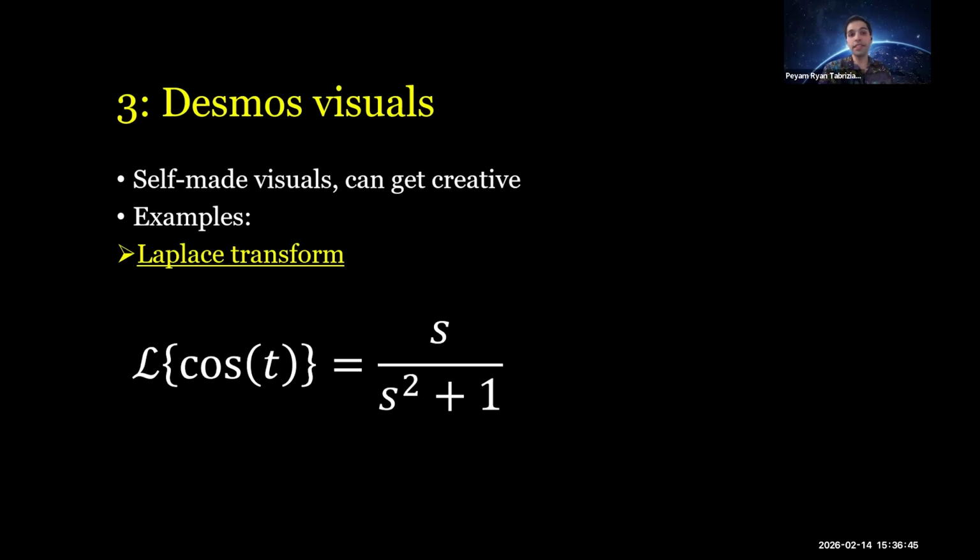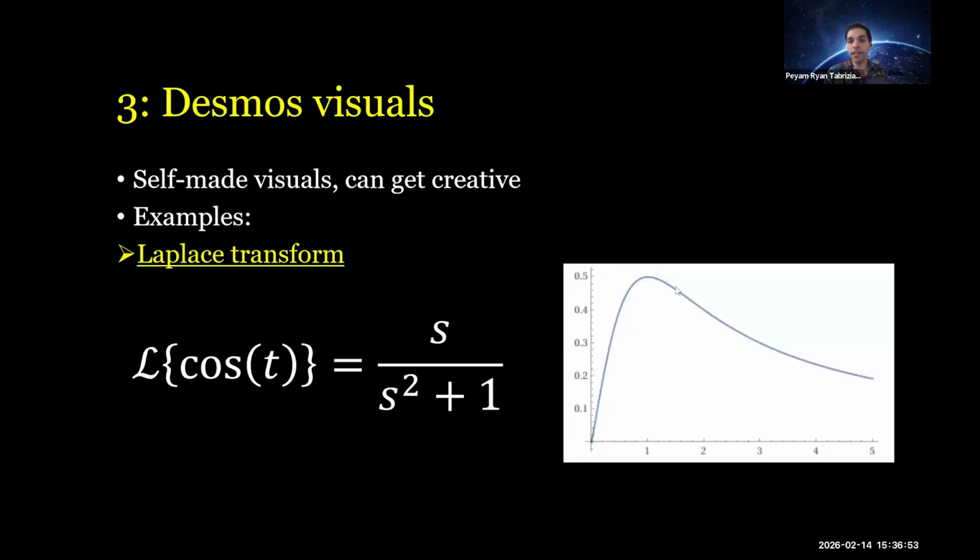If you prove the formula, the Laplace transform is s over s squared plus 1. And the feature about s over s squared plus 1 is that it increases and then slowly decreases. So just remember this: it increases and then slowly decreases. That's what I want to show you now in this applet that I created.